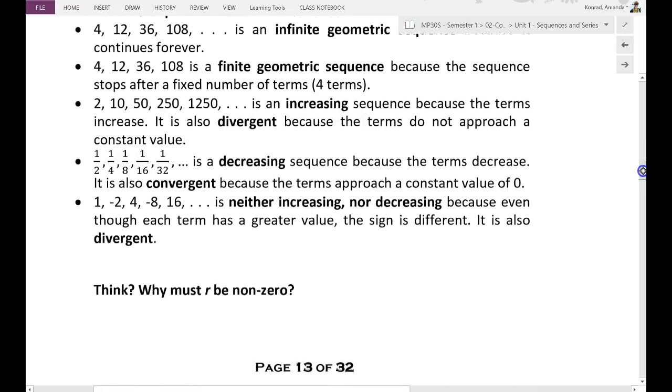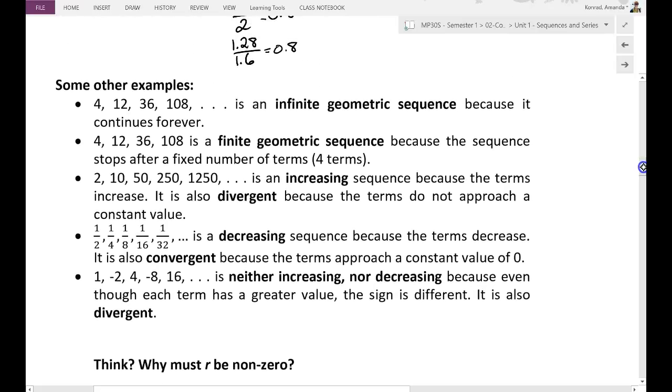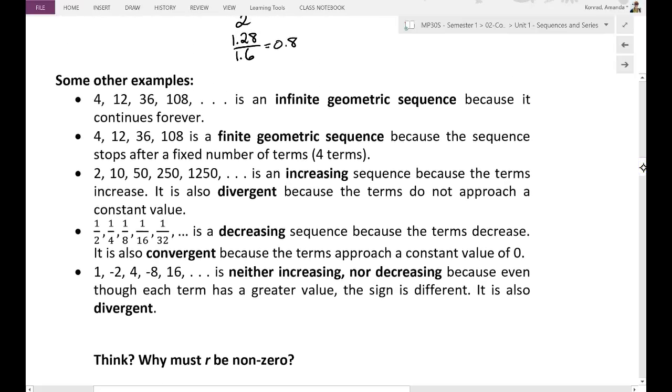Other examples include an infinite geometric sequence, which could be going on forever, but there is also a potentially finite geometric sequence if we just stop multiplying. So you got to be careful. This dot, dot, dot that we were so adamant on before, it's important.